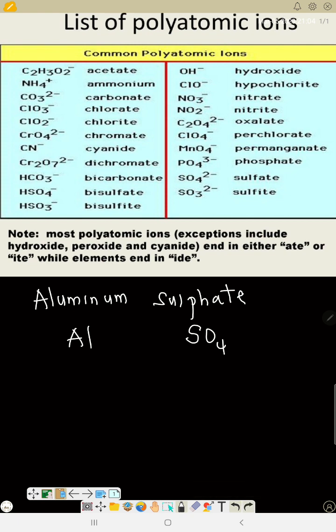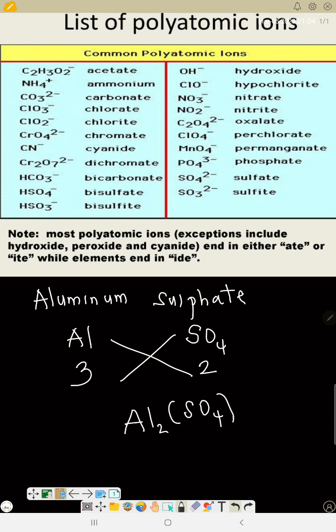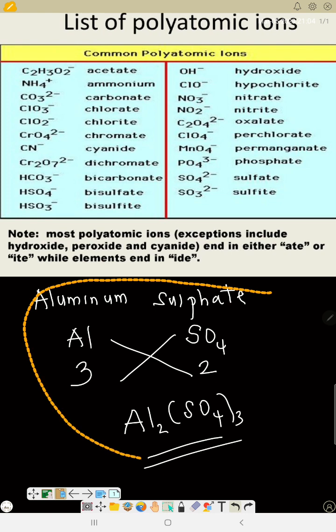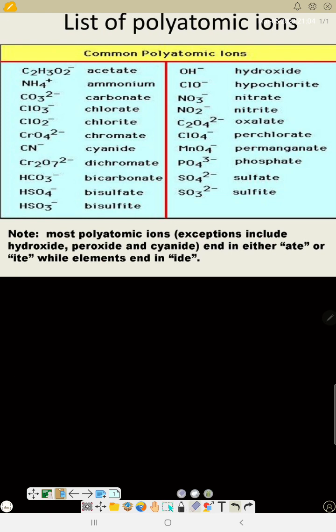You will see now, by the time you are doing different naming, you will be able to master them. So study the polyatomic ions. So now aluminum is in group 3, sulfate is 2. So if you do your crisscross, that will be Al2(SO4)3. So this is how we can write binary compounds for polyatomic ions. Now write all this out, so at least you have the polyatomic ion, you can check and write. So try this on your own.